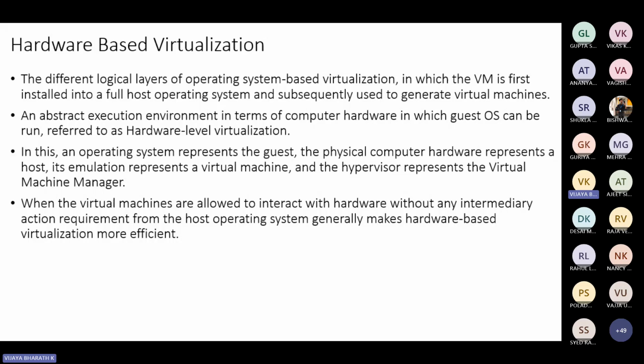The virtual machines are allowed to interact with hardware without any intermediate action from the host operating system. That's why it is called hardware-based virtualization. It can directly communicate without the interruption or interaction of the underlying guest OS.